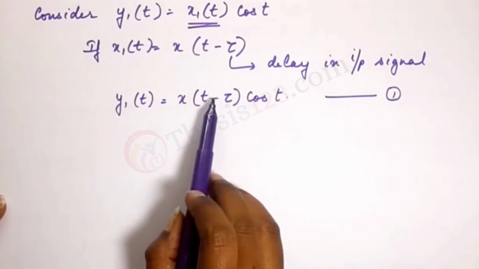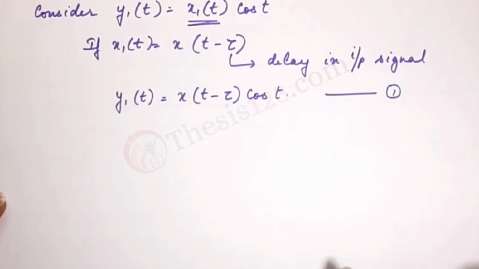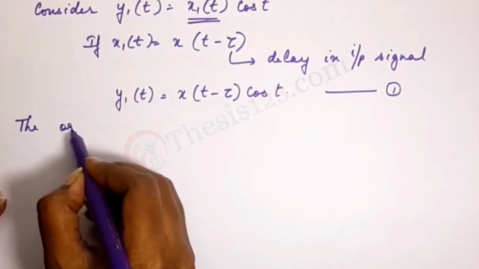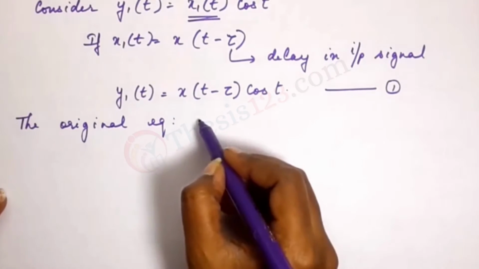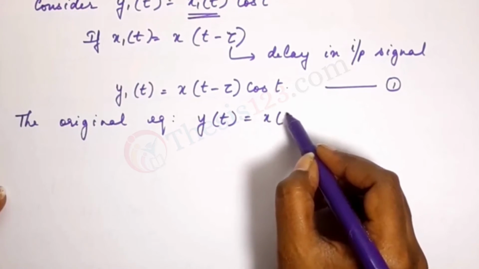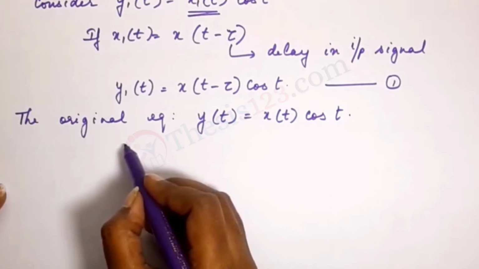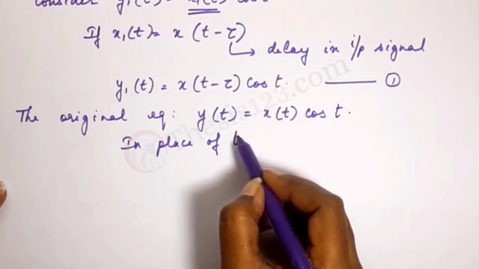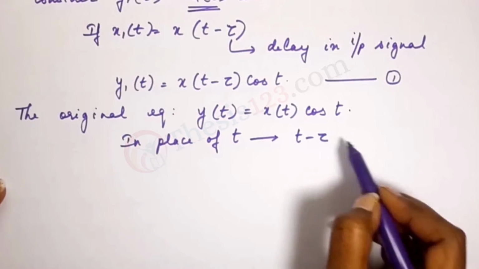Now let's apply this delay to the original equation, y of t is equal to x of t cos t. Wherever t is there in this equation, let's plug in t minus tau.